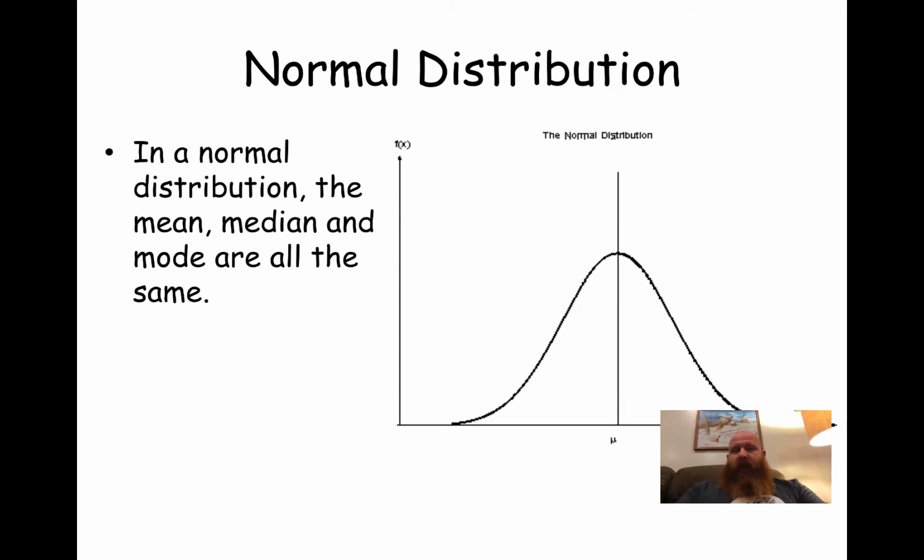The line right here is the median. Basically, your mean, your median, and your mode are all going to be the same. So your average, your very middle data point, and the highest number of data points are all going to be exactly the same.